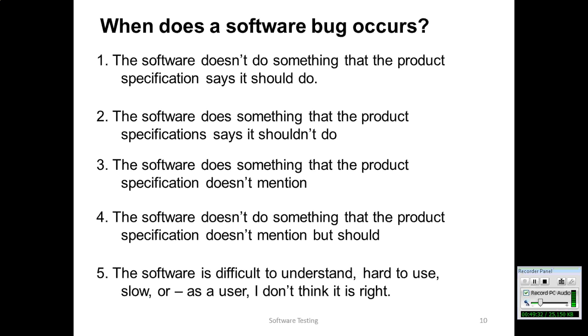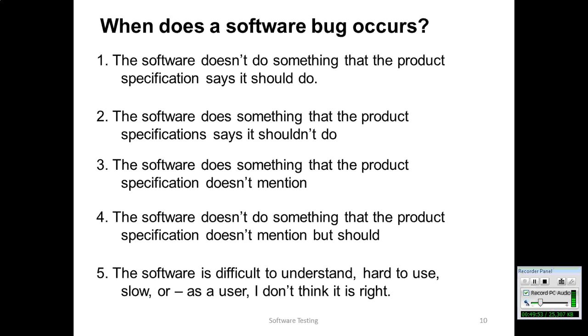Nobody thought about it, the requirement didn't specify that you had to provide the total, and the developer didn't do that. But it should be there, because the customer needs to know the total amount. If it is not there, then you can open a defect.